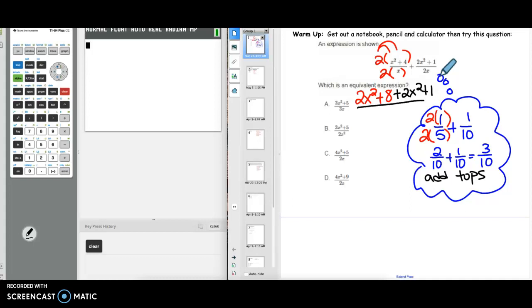My denominator is going to stay the same, 2x. So we can just add across the tops like the second step. After we multiply by 2, we can add the tops. So I'm going to combine like terms to get 4x squared plus 9 divided by 2x, which is d.